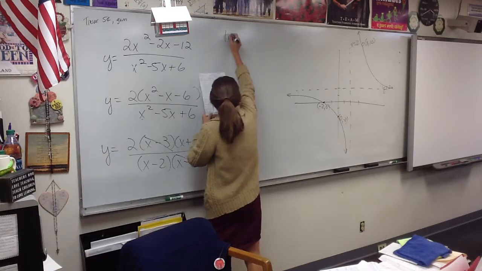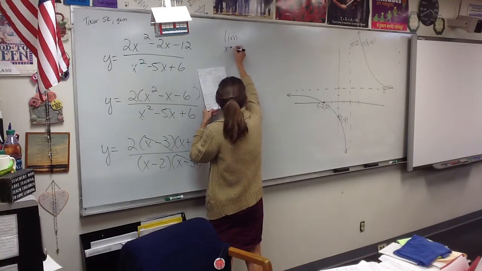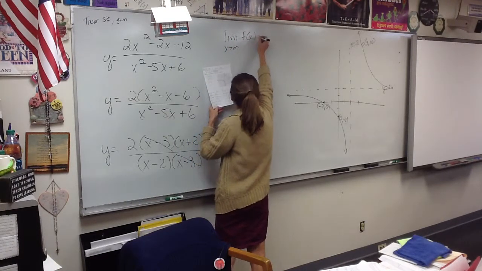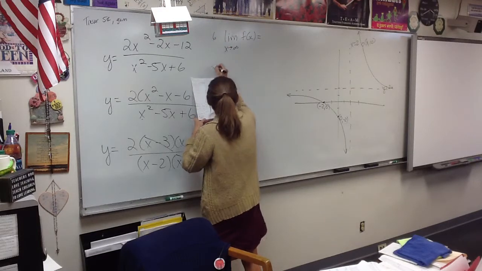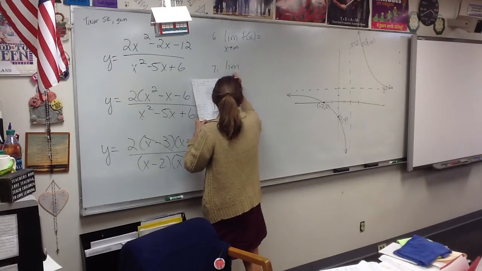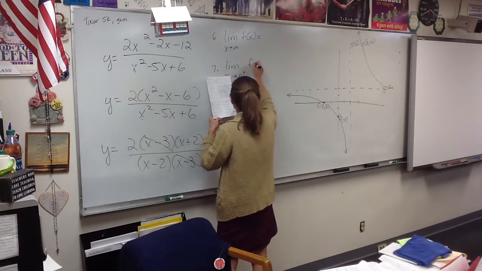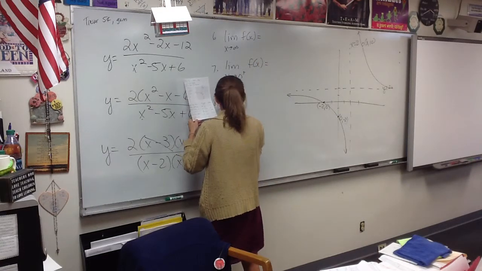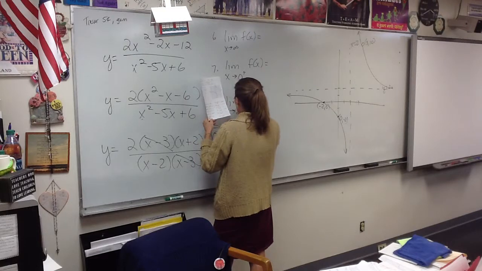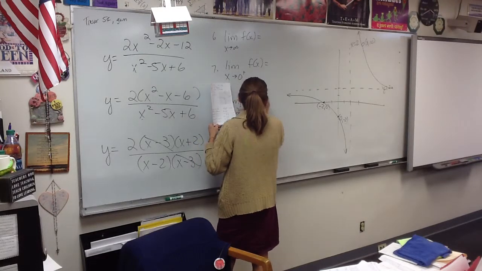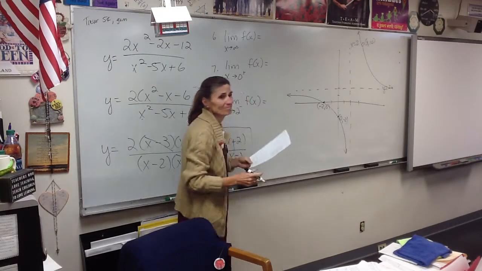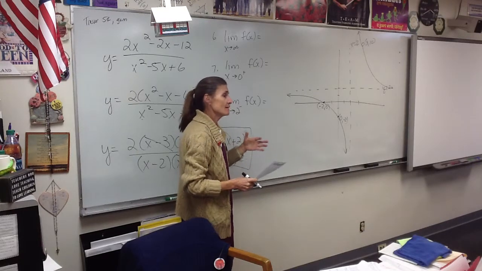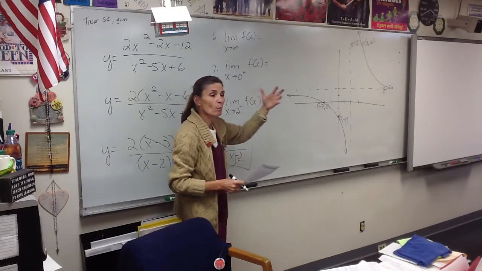Now, before we start all this limit stuff, does anybody have a question about the picture? I have one question. What? So the VAs are on the bottom and the x-intercepts are on the top. Yes, but I wish you would understand why that is.